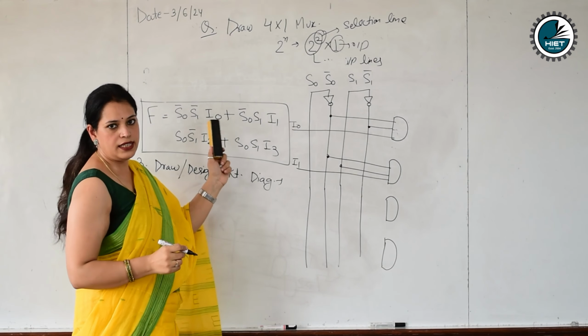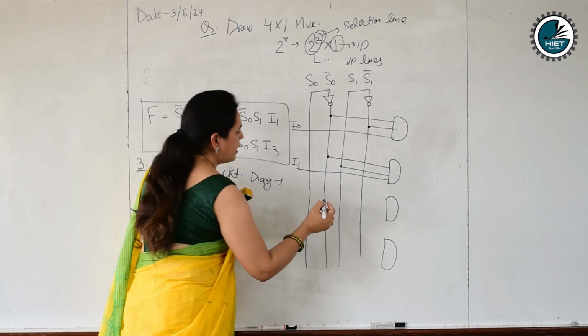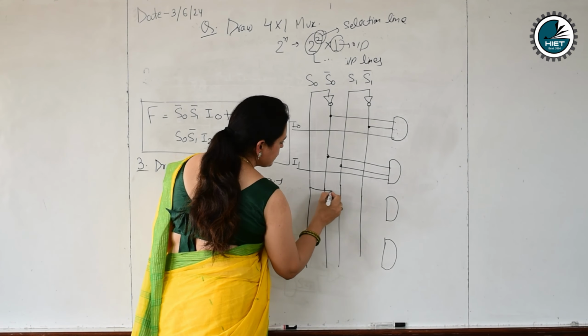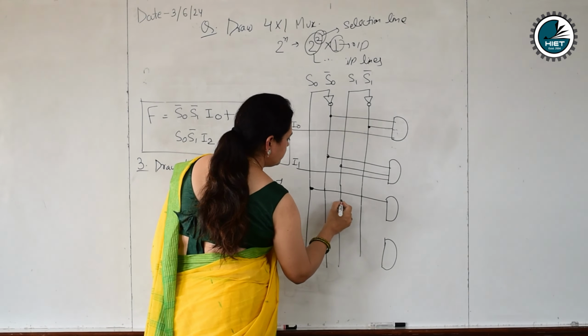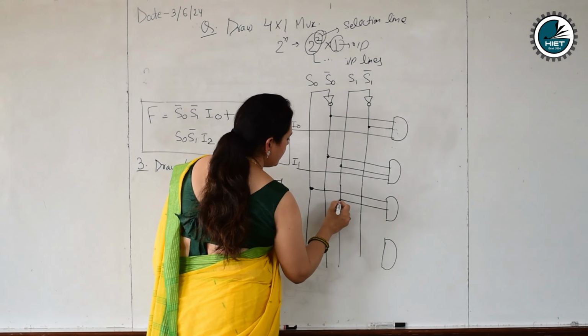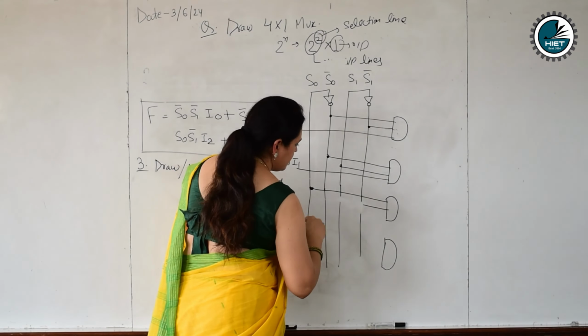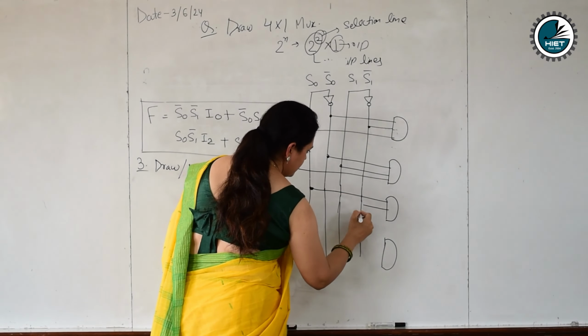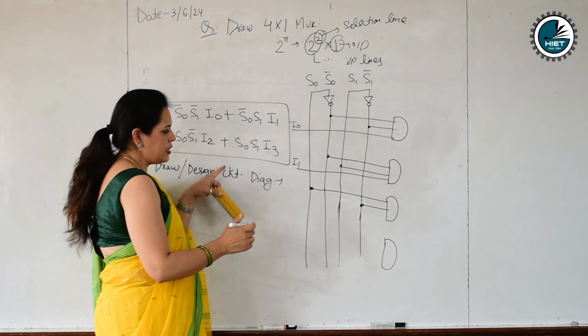This is for these two. And the third one is S0 and S1 bar. S0 means connected here. S1 bar, this is S1 bar, and the input is I2.